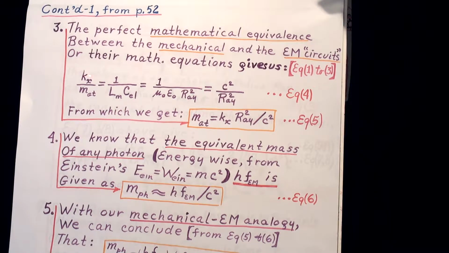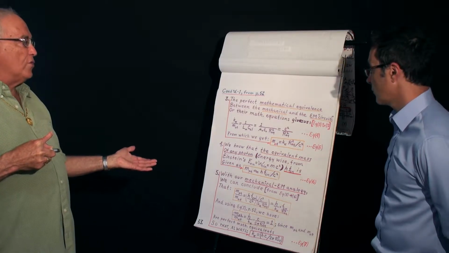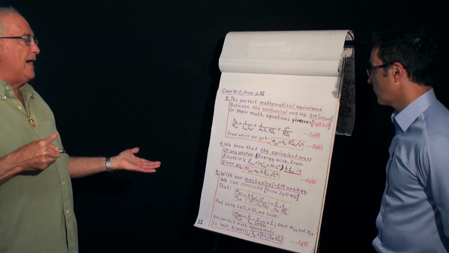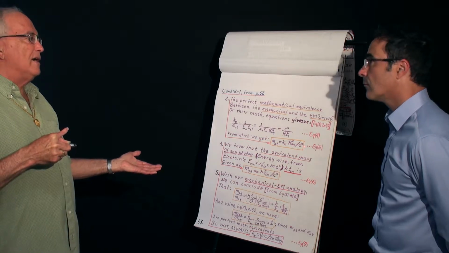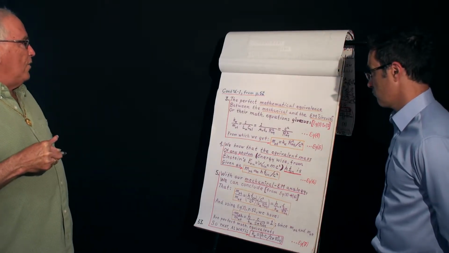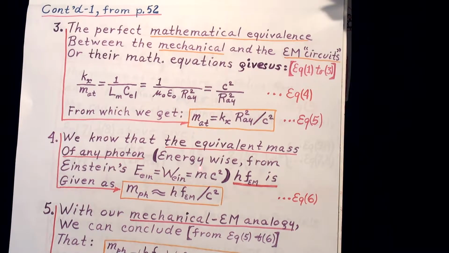It gives us that the elastic constant divided by the mass is 1 over this, but with the little calculation I've done, it gives c squared over rho squared, from which we get that the atomic mass equivalent of a photon would be the elastic constant multiplied by the size of the space considered divided by c squared. Okay? We know that the equivalent mass of any photon, energy-wise, from Einstein, is mc squared.